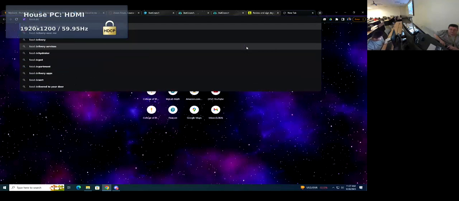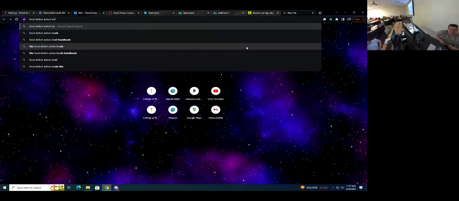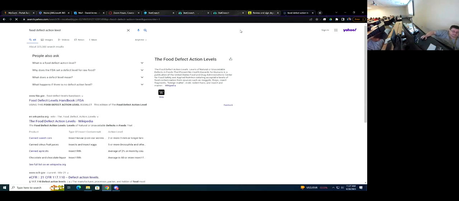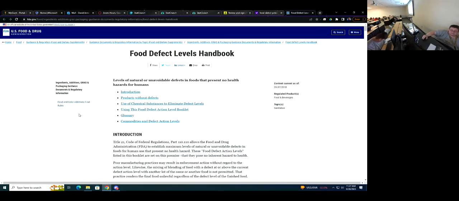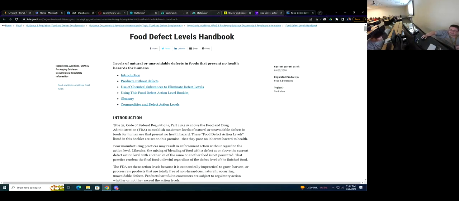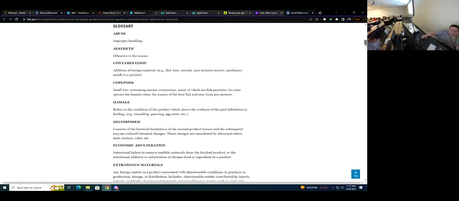Food defect action level. FDA, top one on the list. Food defects level action or the handbook. Now it's a long list. You can see there's a bunch of stuff on it.